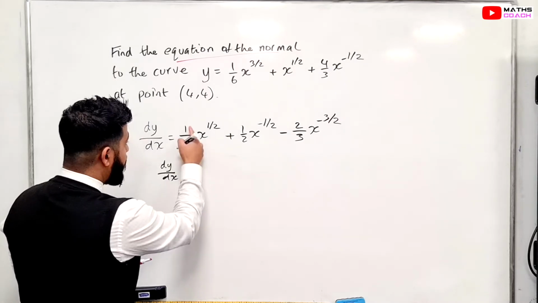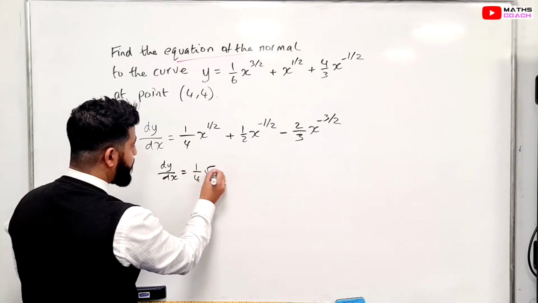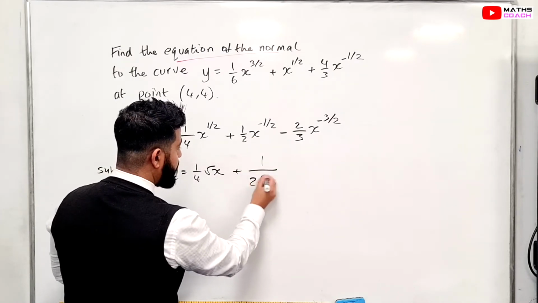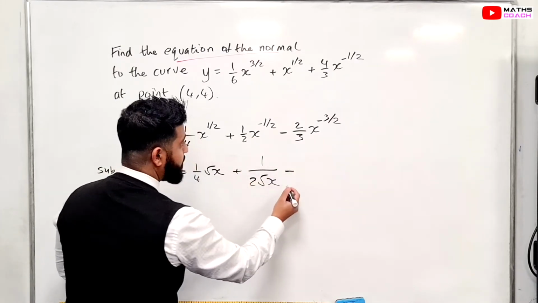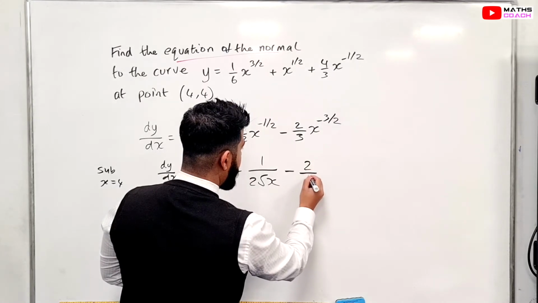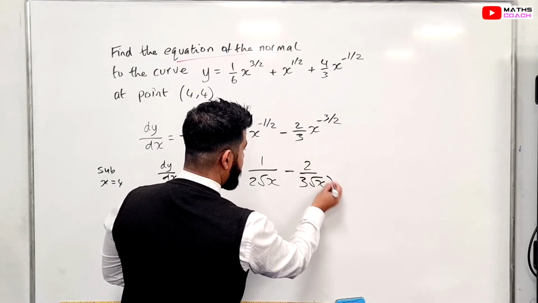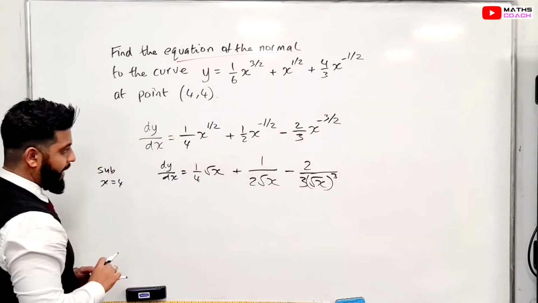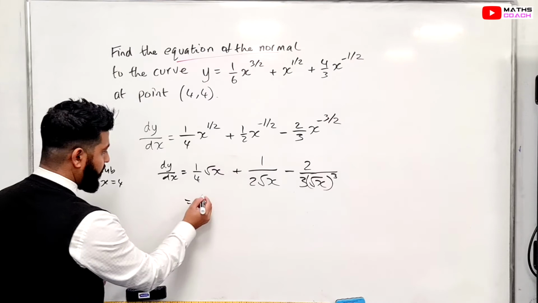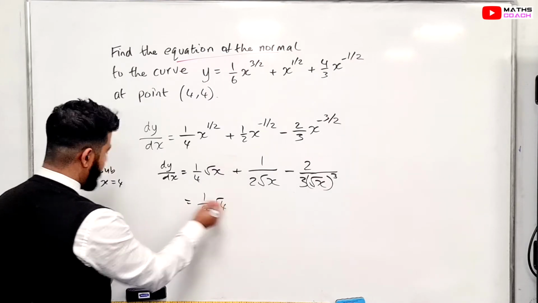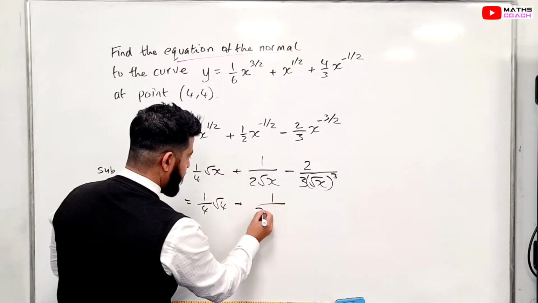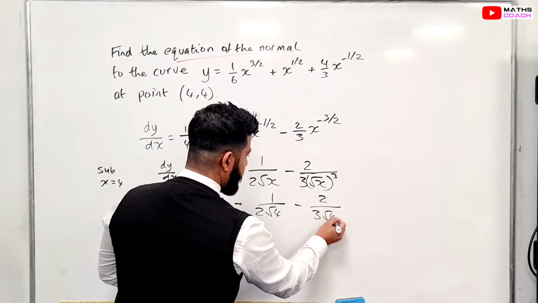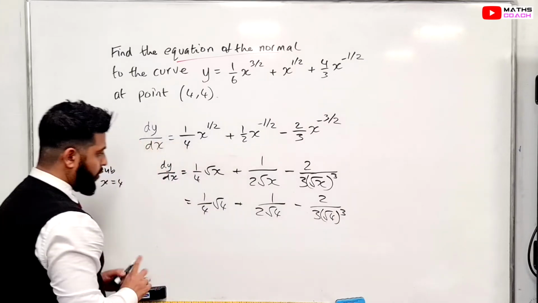So I'm going to have 1 over 4 root x, and then here I'm going to have 1 over 2 root x minus 2 over 3 root x to the power of 3. So now I can substitute my x coordinate in here. So I'll have 1 over 4 root 4 plus 1 over 2 root 4 minus 2 over 3 root 4 cubed.